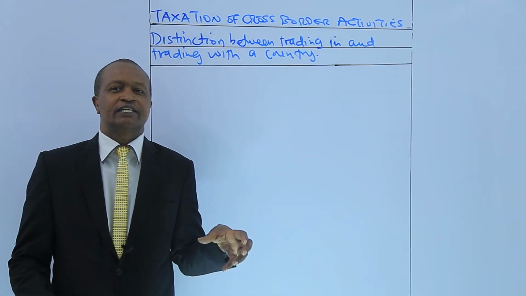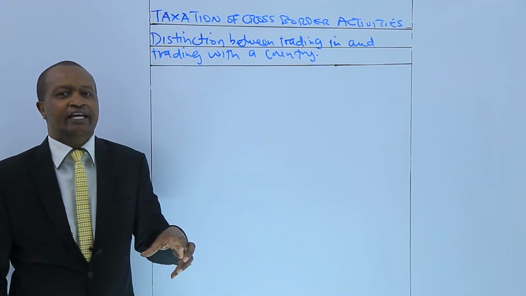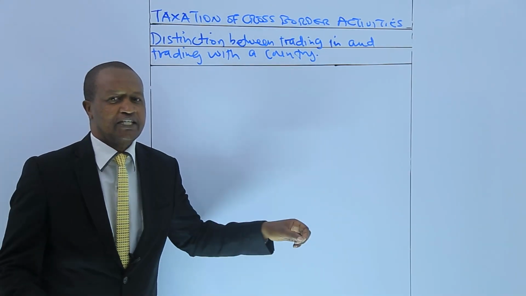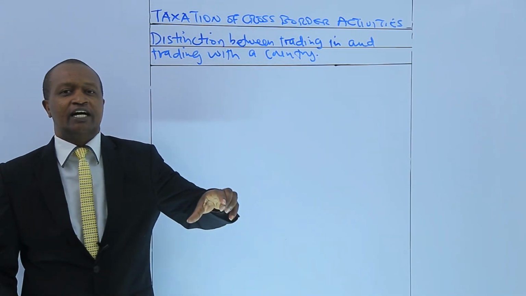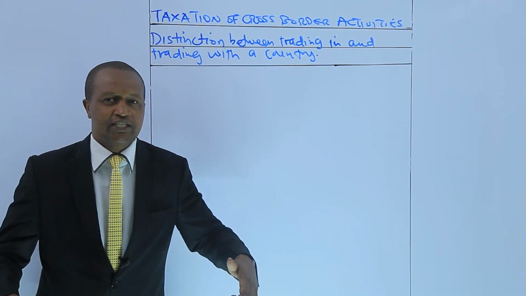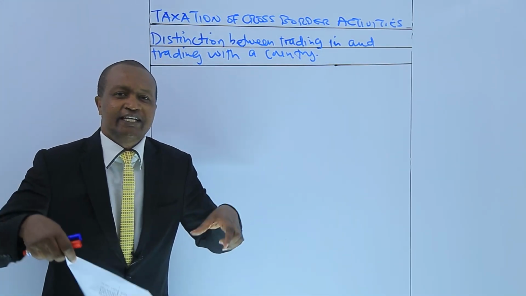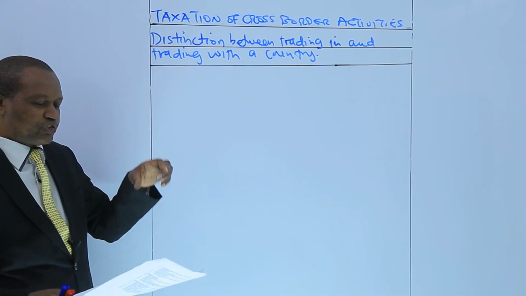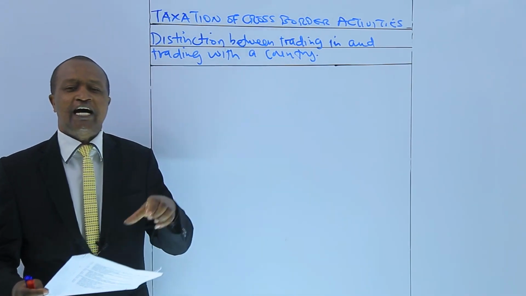It involves establishing a physical presence, such as offices, manufacturing facilities and distribution centers, to engage in commercial activities within that nation. That's the meaning of trading in a country.